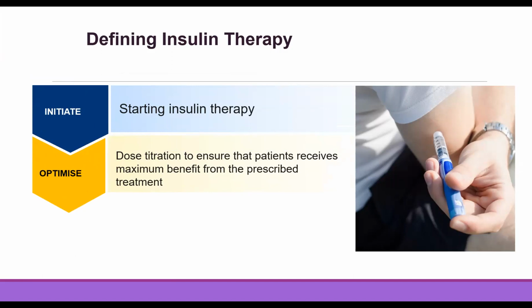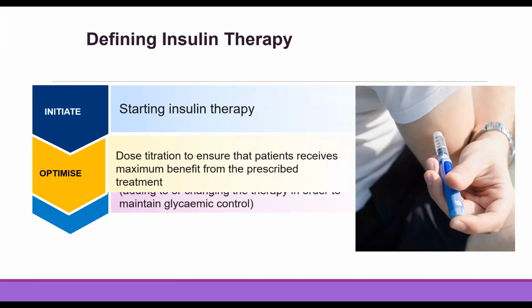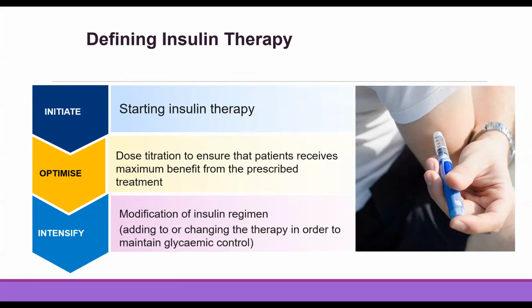And the third is when the first regimen is ineffective and we would like to change the regimen, we call it intensification. So we have three parts: initiation, optimization, and intensification. In the last one, we try to modify the insulin regimen. I'll go through the cases so that you can understand how we approach insulin therapy.